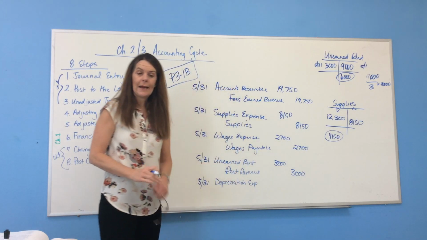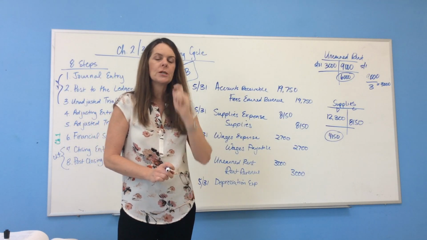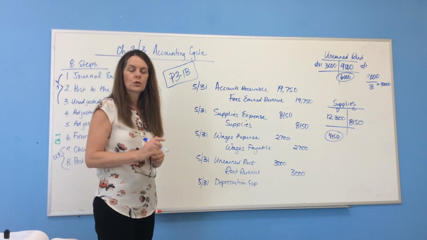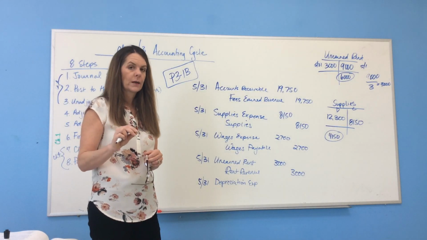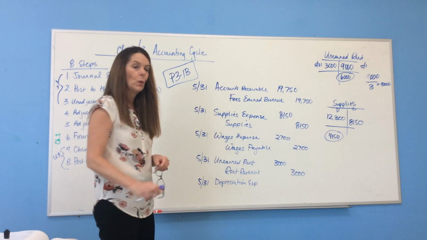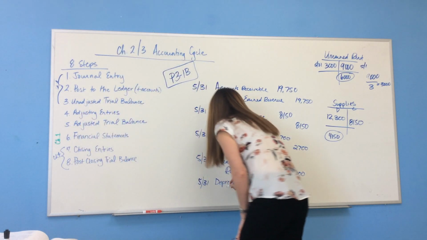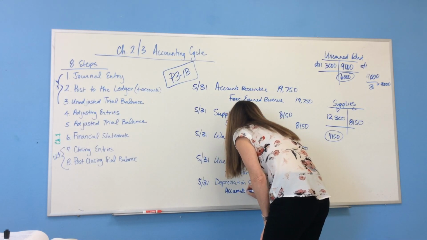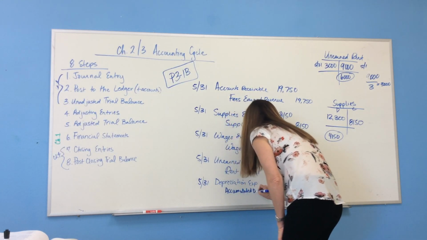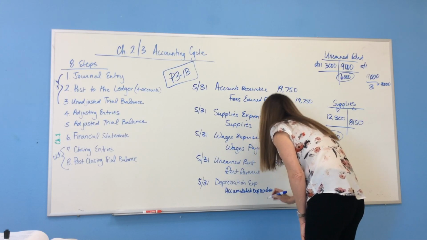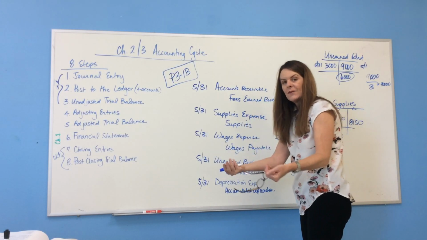And I'm going to credit an account called accumulated depreciation. Accumulated depreciation is actually a contra account. Contra means to take away from another account. So this accumulated depreciation account for this asset, office equipment, is going to be taken away from office equipment. So I'm going to credit accumulated depreciation, but then I'm going to write comma the type of asset that it is.